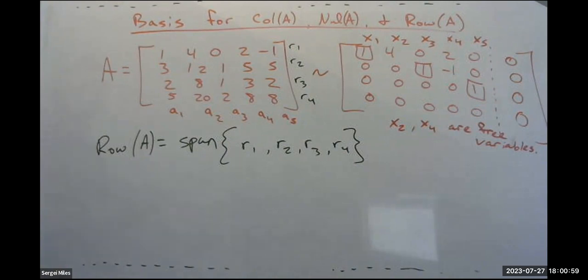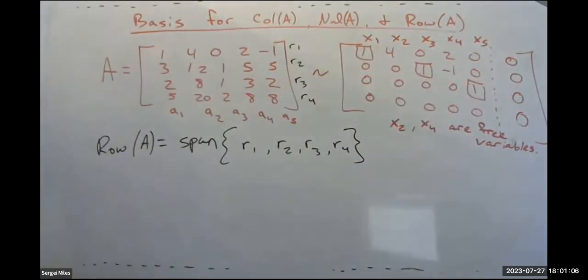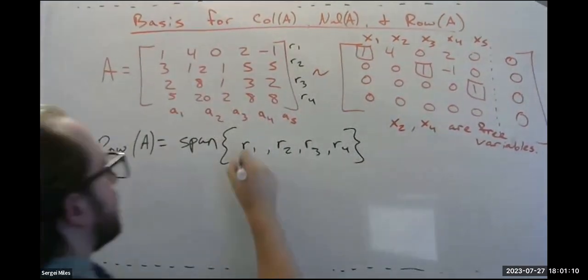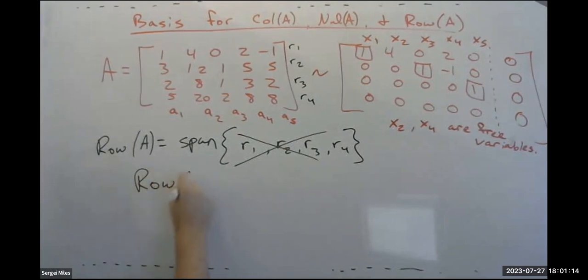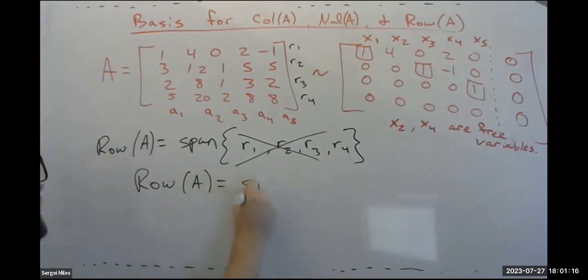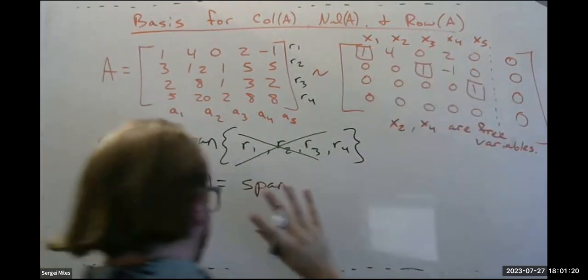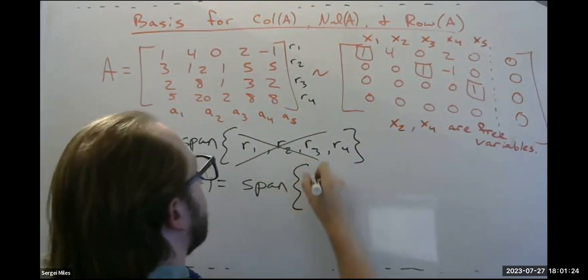Well, lucky for us, row reduction does preserve the directionality of these row vectors. So in other words, instead of taking the original rows, we can just take the rows from the reduced form. Now, we can't do this for the column space, right? So there is a warning here.